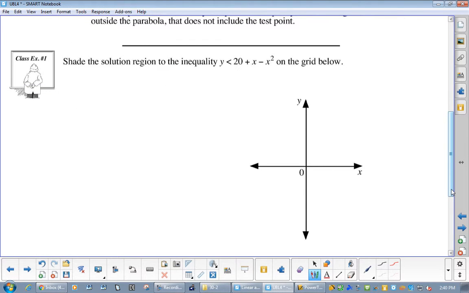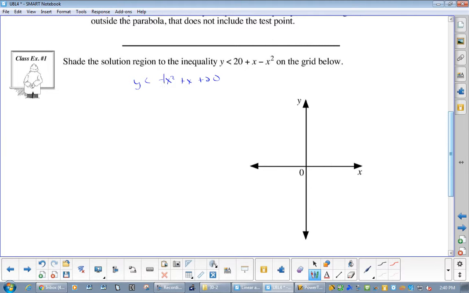Okay, let's do this question below. It says shade the solution y is less than 20 plus x minus x squared. We're going to do this totally without a calculator. This might make more sense: y is less than negative x squared plus x plus 20. All I did was get it in the right order.